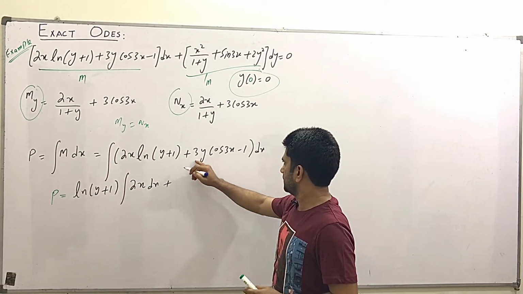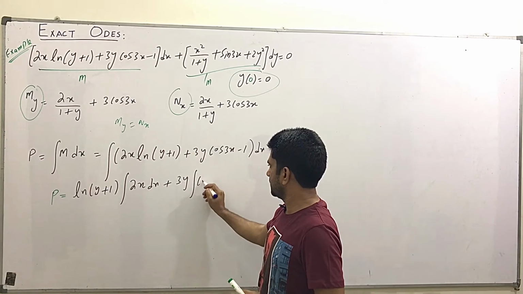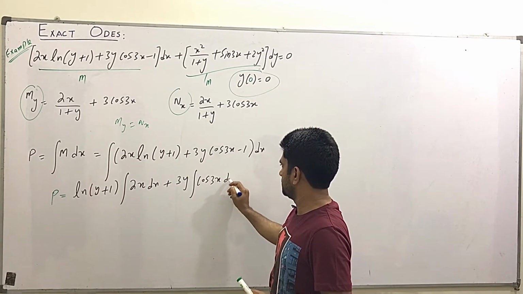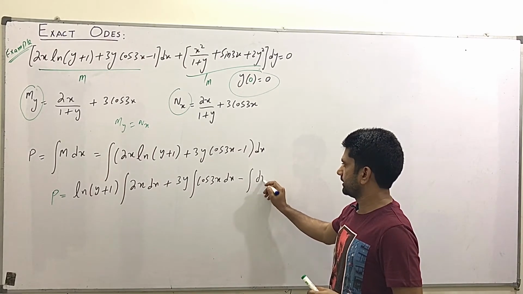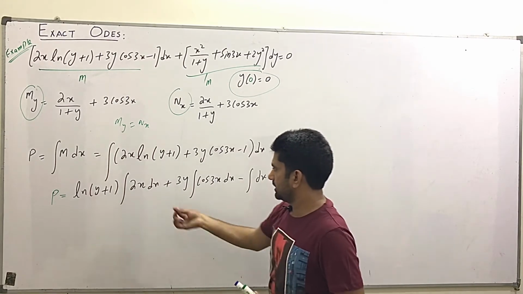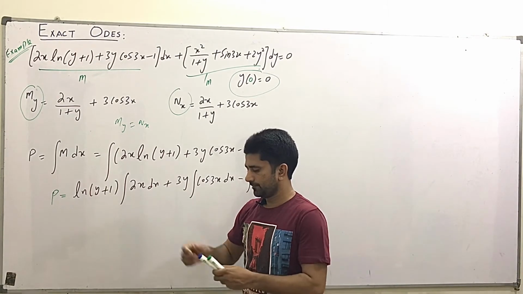Similarly, this 3y would be outside, and we have cos(3x) dx, and here we have 1 times dx. So we see that the integral of this is x² upon 2.